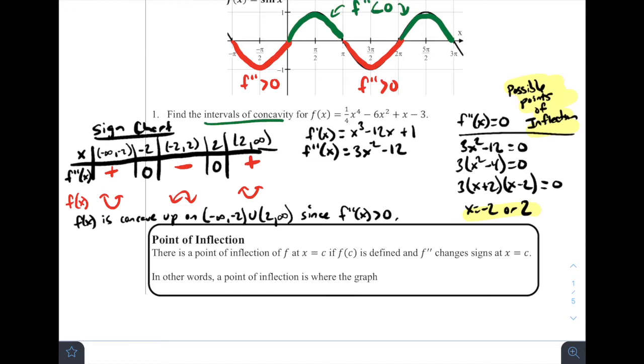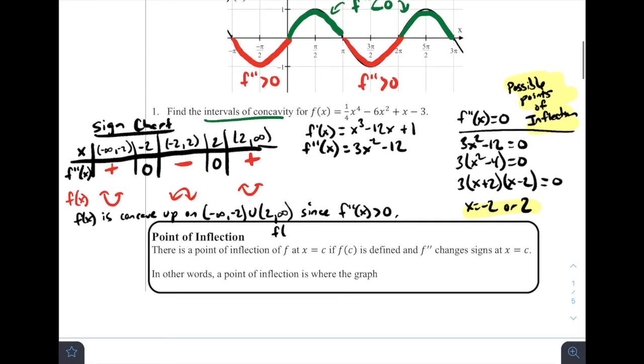And while I'm at it, I'll say that f of x is concave down on the interval from -2 to 2, since f double prime of x is negative. So this would be my conclusion statement about what I know and why I know it. So I know where it's concave up because of the second derivative, and I know where it's concave down because of the second derivative as well.